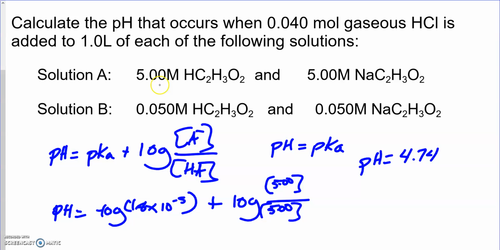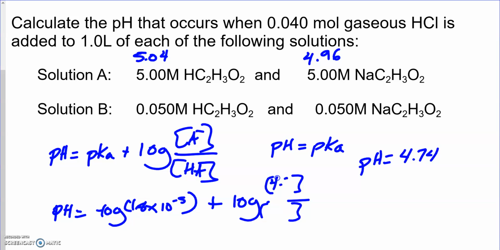We have a reaction. We added HCl to this, and it reacted with the sodium acetate. So we started with 5 moles because we had 1 liter of it, and 5 molar. And we ended up with 4.96 of this guy left over because that was who was reacting. This guy was forming, so we ended with 5.04 of this. So if we jump down here and just change our numbers again, because it's 1 liter, we're dividing by 1 liter, and we end up with those same molarities.